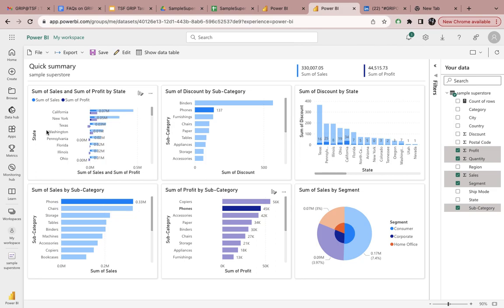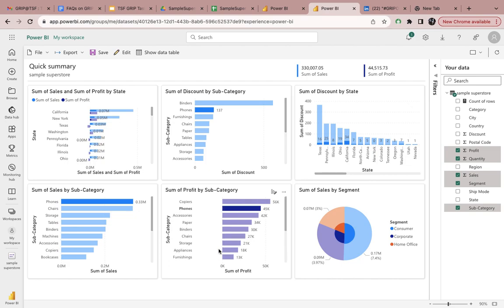That immediately correlates with the number of sales in California being the highest. So we can conclusively say that the correlation between discount and sales is directly proportional for the subcategory of phones in the state of California at least, but needs to be checked for tables, bookcases, and supplies.